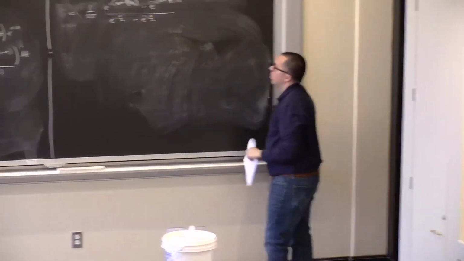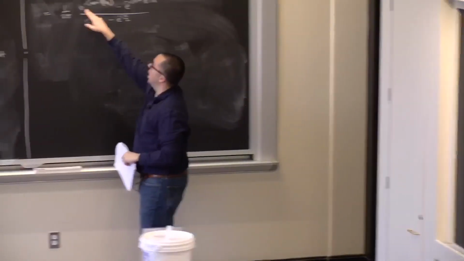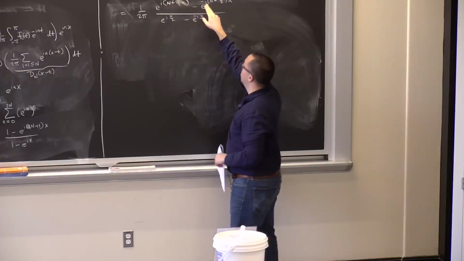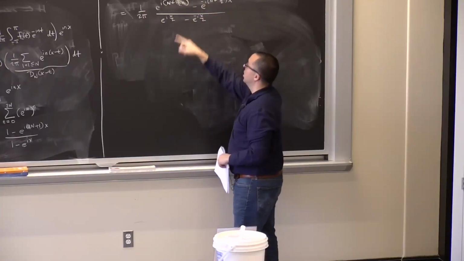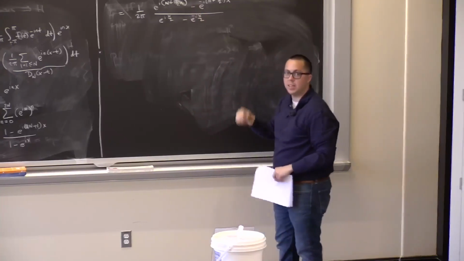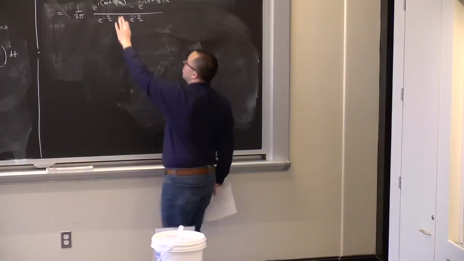Okay? Now, if I have e to the i times something minus e to the minus i times that something, and I subtract those two, I pick up 2i times sine of whatever this real number is.